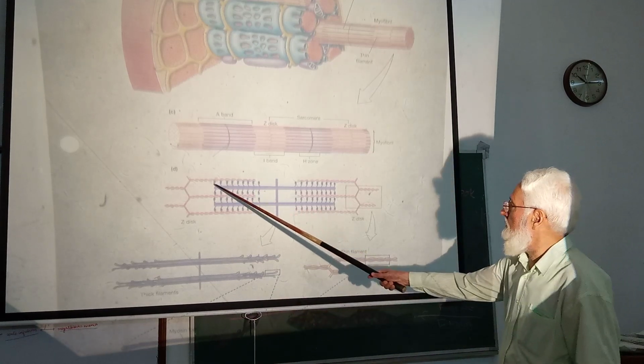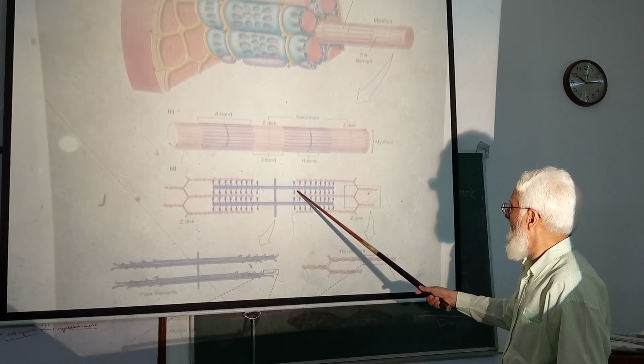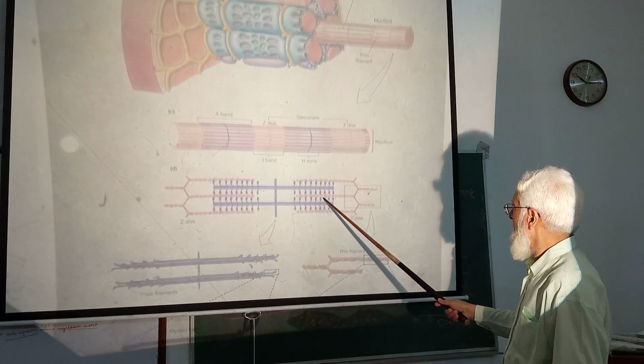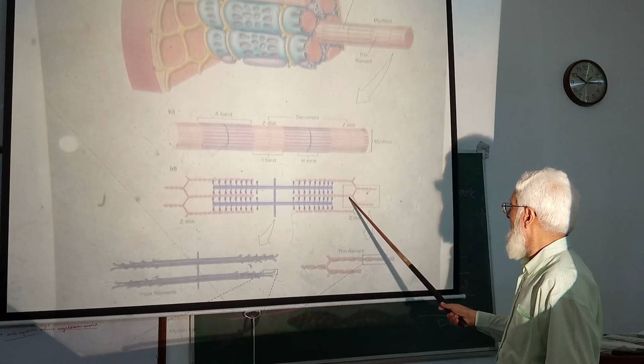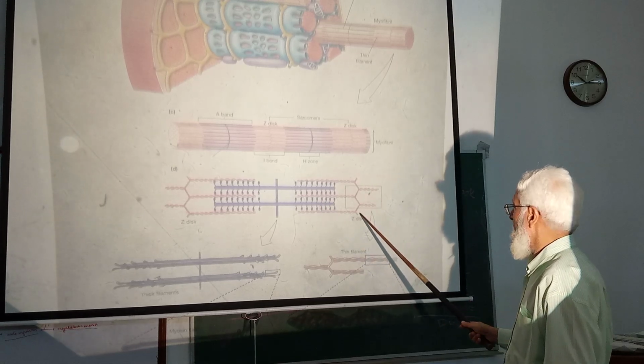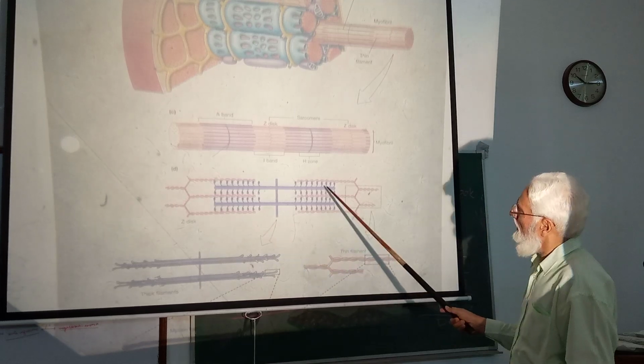You see, this is the thick filament or myosin filament, and this is the actin or thin filament. This is the Z disc.